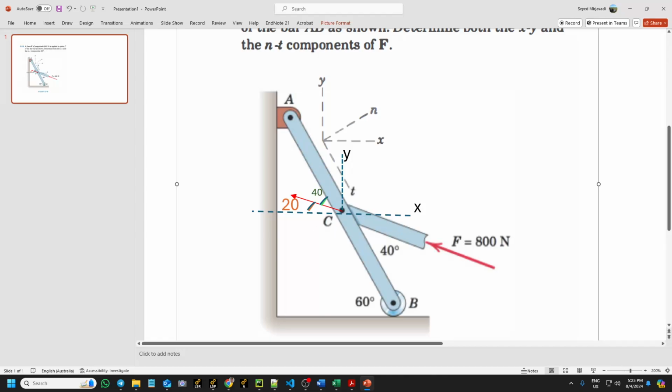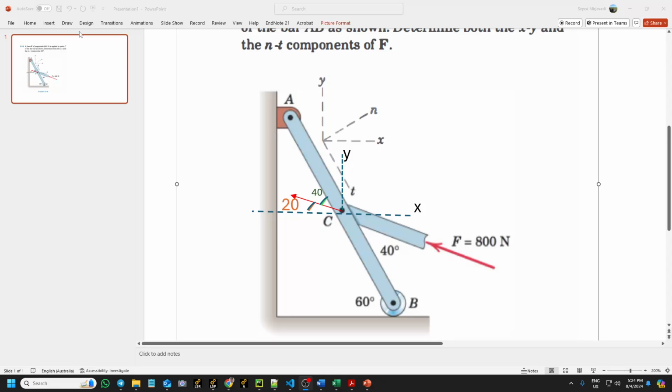Now, if you have seen the recorded video in your class with Ahmed, at minute 27 or 26, he said that we should be mindful of the sign. Here, Fy has a positive sign, and Fx has a negative sign.